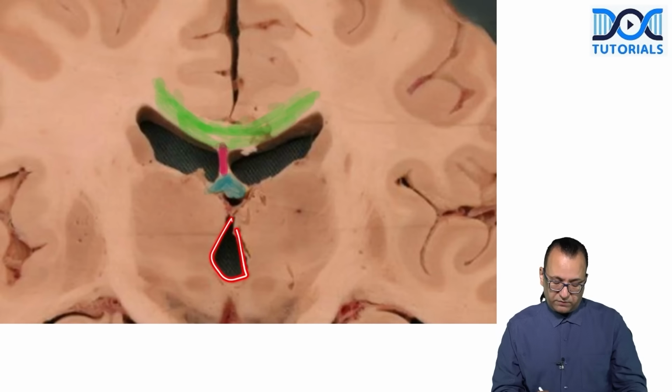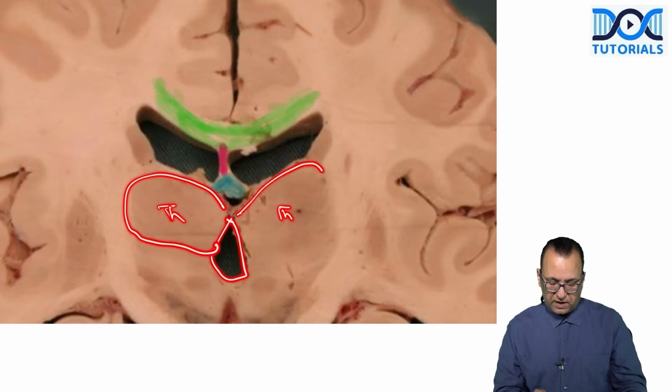This is the third ventricle, which is sandwiched between the two thalami. This is the right thalamus here and the left thalamus here, and even some part of the hypothalamus is related to the third ventricle. This is the third ventricle region.